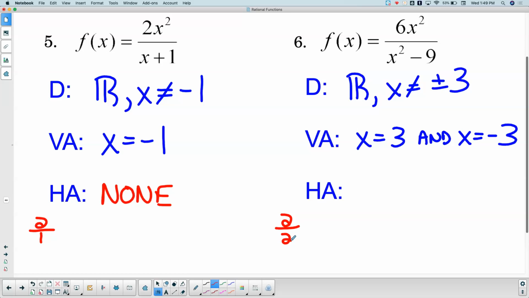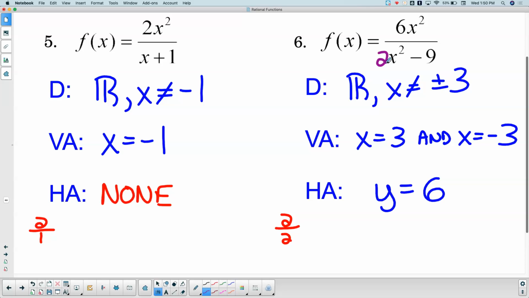Okay, what's A? What's B? So that's going to be y equals. Had it been like this, if there would have been a 2 there, then it would have been 6 over 2, right?